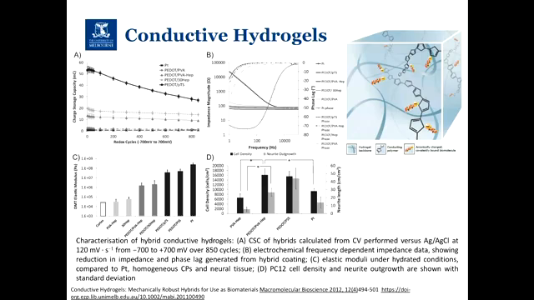I apologise for this image here. This was as nice as it was in the paper, so the resolution is a little bit hard to see, even for me, but I'll try and walk you through it. A hydrogel is nice and soft, and can conform to different shapes as well.